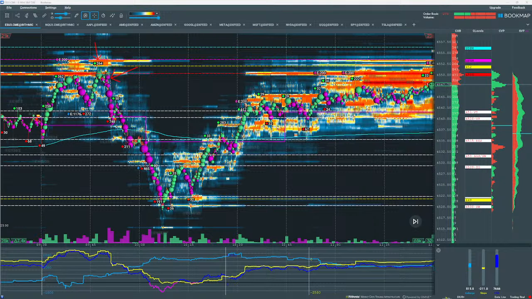Again, note the change in green dots up to pink dots, magenta dots down. And then as the move gets going lower, more aggressive sellers come in, as well as sell stop orders.